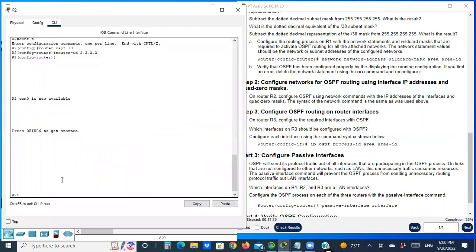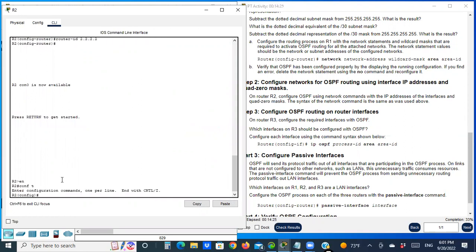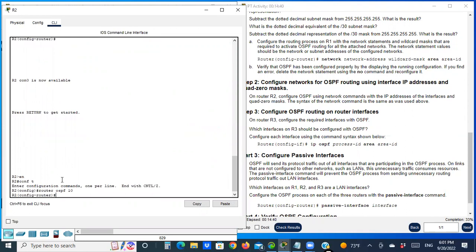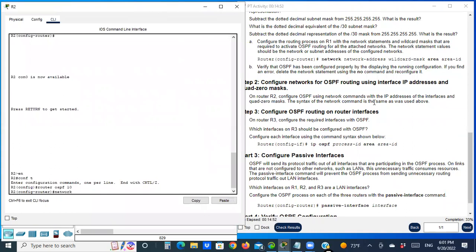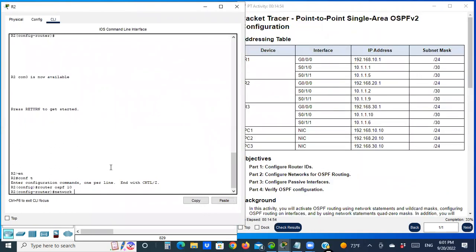Okay, let's keep going. Enable, configure terminal, router ospf 10, because we need to configure the network in router subconfiguration mode. So network, IP address, and quad 0.